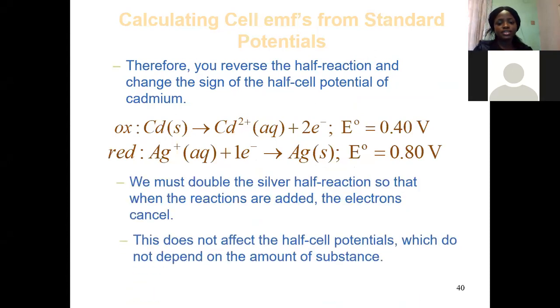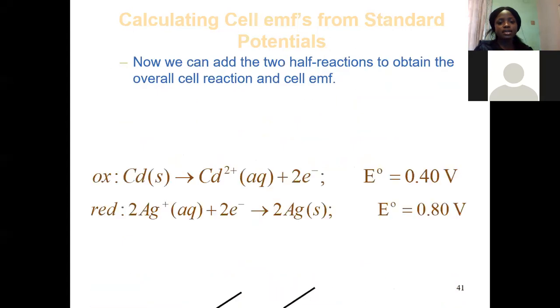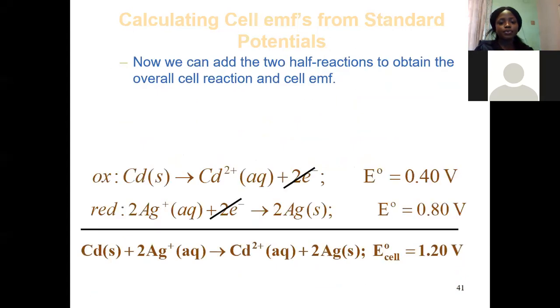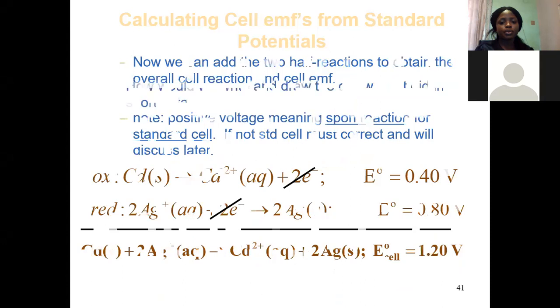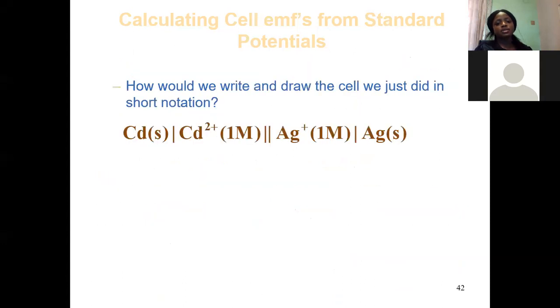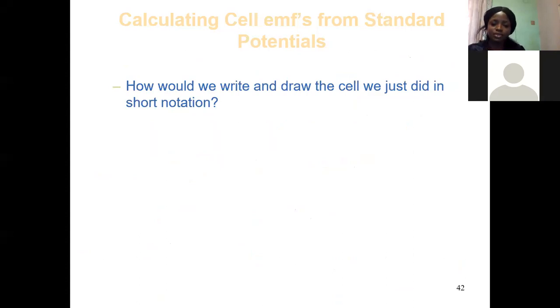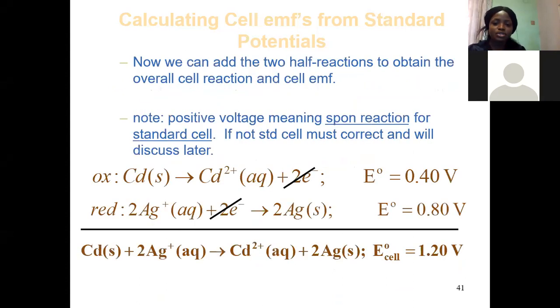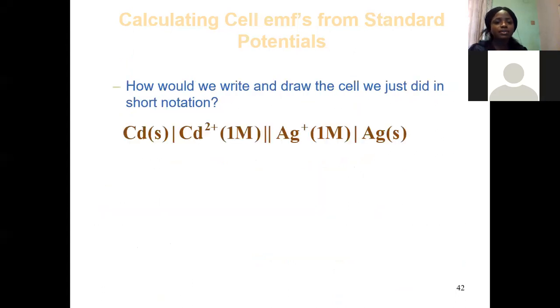We treated the examples and the answer we got from the last one was 1.20. So on this slide, we asked, how would we write and draw the cell we just did in short notation?